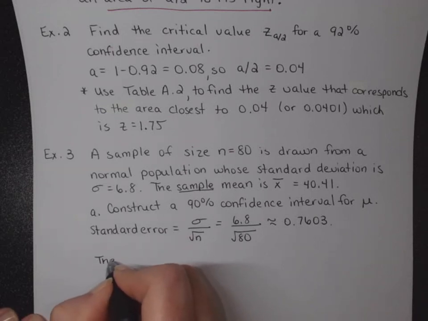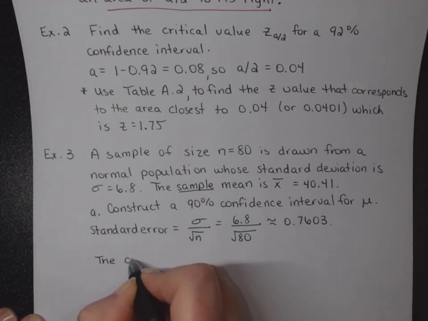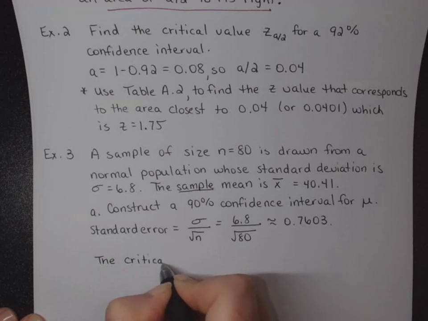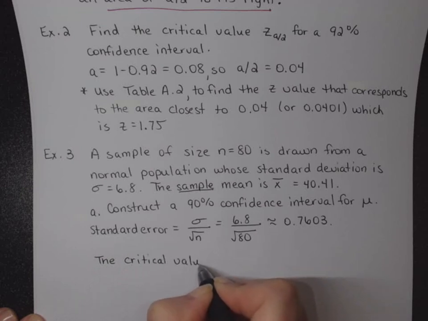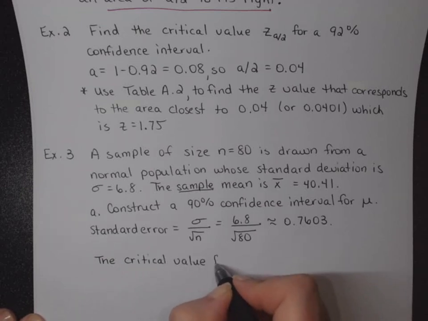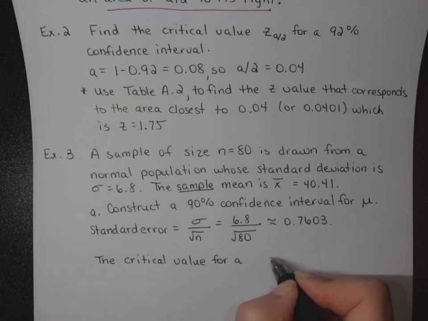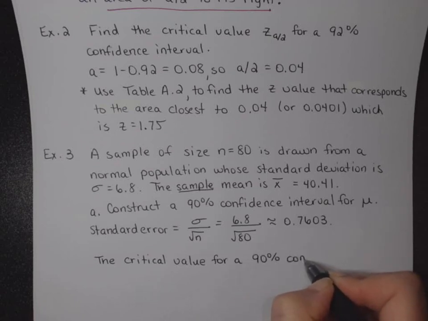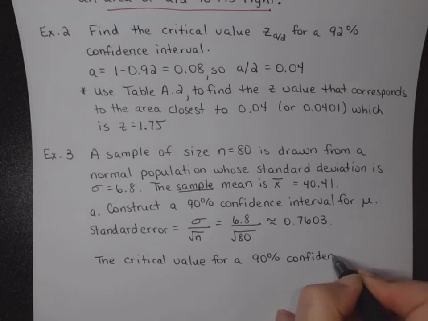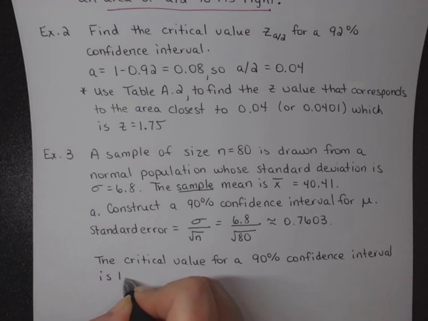And then I can look at my table to find the critical value for 90%. We already did that one in example 1, actually. It is one of our standard ones. So remember, our critical value, our value of importance, in other words, is going to be 1.645.